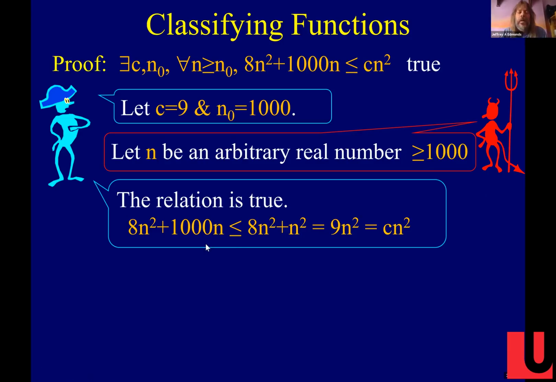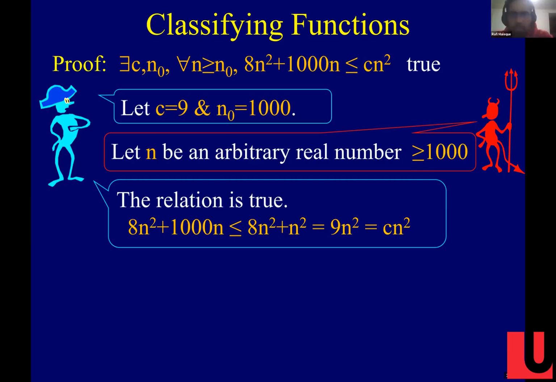When n is 1,000,000, 1000 times 1,000,000 is a lot smaller than 1,000,000 squared. Where's the cutoff, the point where it switches? If you cancel off an n, you get that 1000 is less than or equal to n. So n squared starts to win when n gets to be 1000.